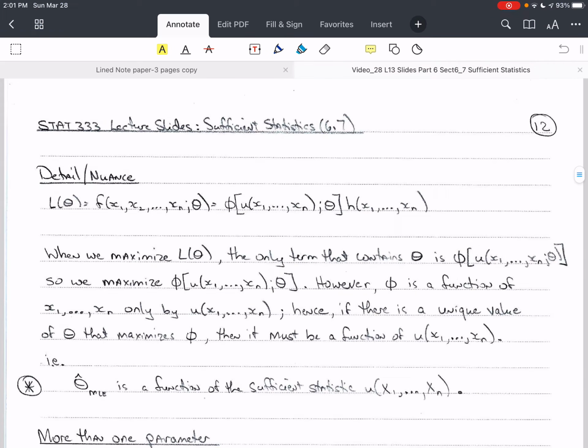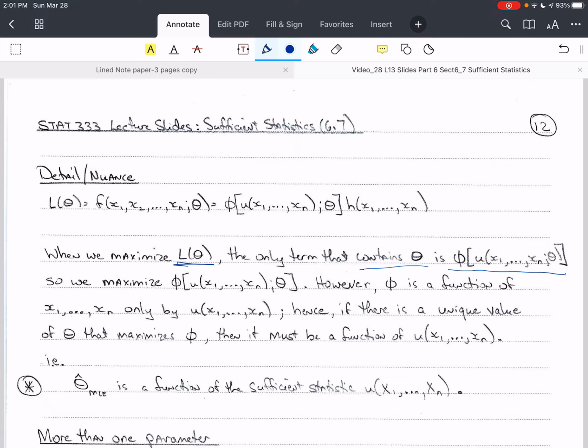So last time we talked about some details and nuances of the factorization theorem. When we maximize the likelihood function, the only term that contains theta is phi.